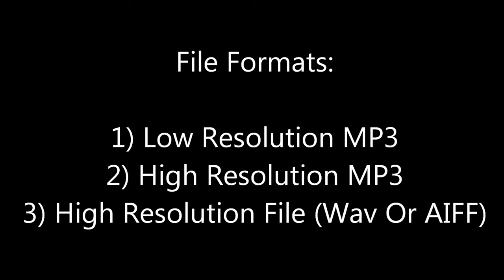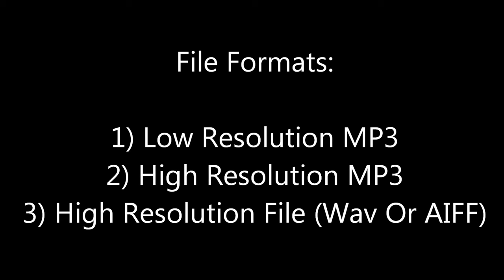In terms of file formats, I recommend that you have 3 versions of each of your tracks. They are, number 1, a low-resolution MP3, number 2, a high-resolution MP3, number 3, a high-resolution file, either a WAV or AIFF. When you're submitting your tracks, you'll need to adhere to the submission method of whomever you're pitching music to.